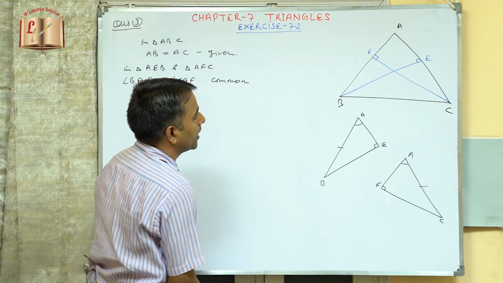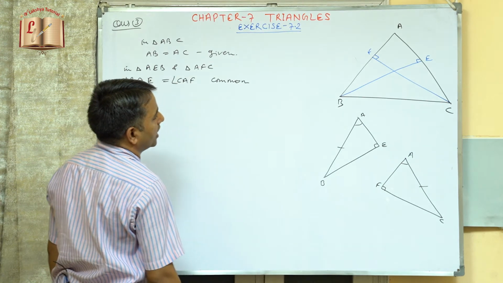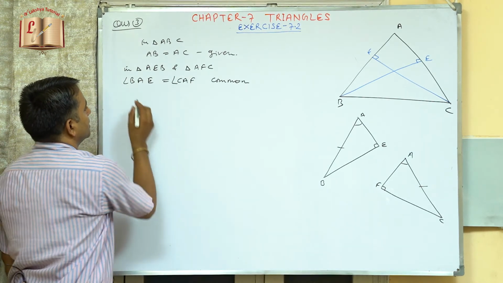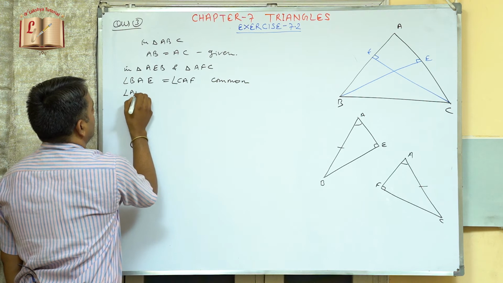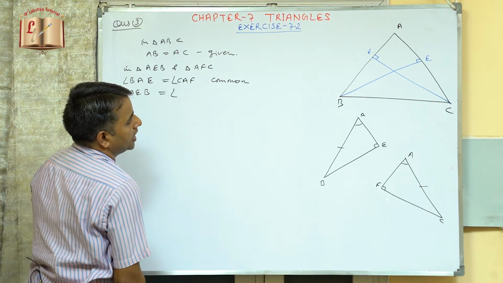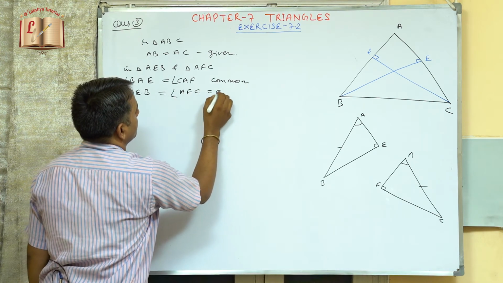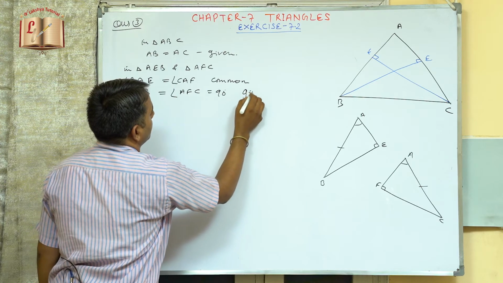And this angle is 90 degrees, and this is also 90 degrees. So I can write angle AEB is equal to angle AFC, which is equal to 90 degrees, given.